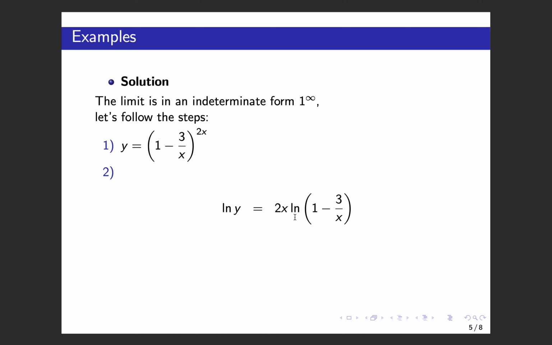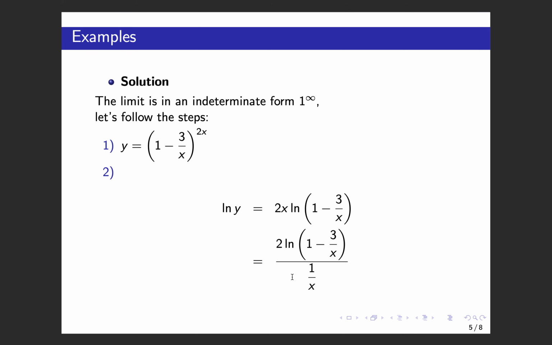So infinity times 0 is an indeterminate form. If you want to use L'Hopital's rule, you have to write this function as a fraction of two functions, like this. So you get 2 times ln of 1 minus 3 over x, over 1 over x. If you flip it and multiply by this function, you get back to your original function.